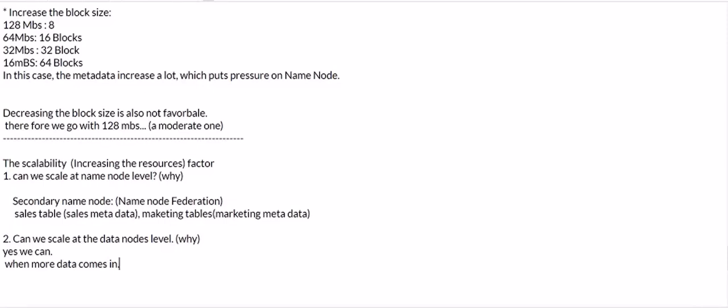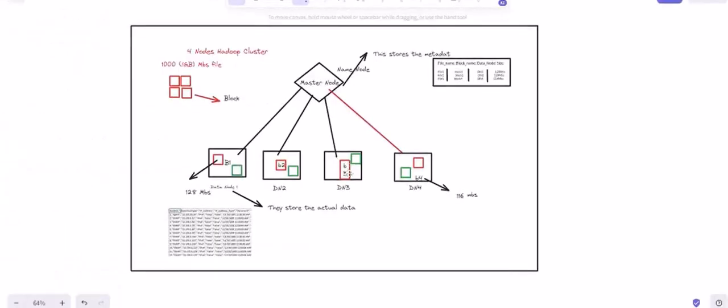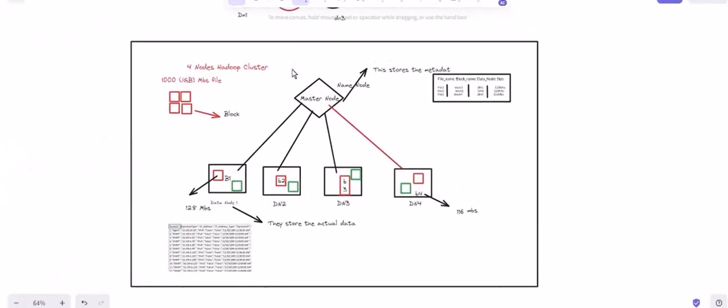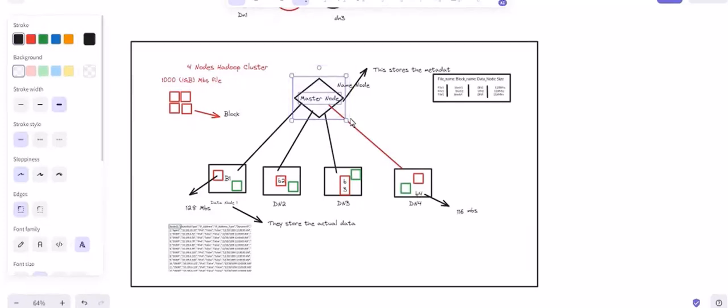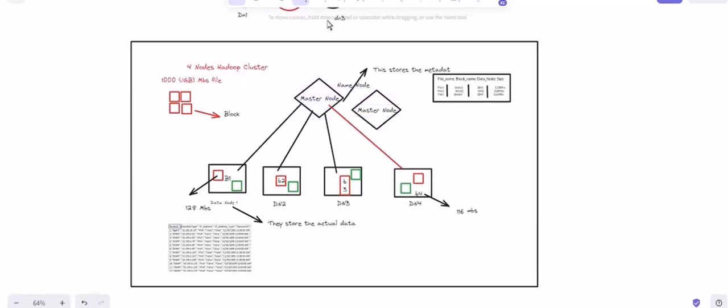Currently, we will be having 500 GBs. In the next month, we might be having 1000 GBs. For this remaining or added 500 GBs, we would be needing more machines. So we would be attaching more machines at this level. So I'm just copying this and pasting it here. More master nodes.